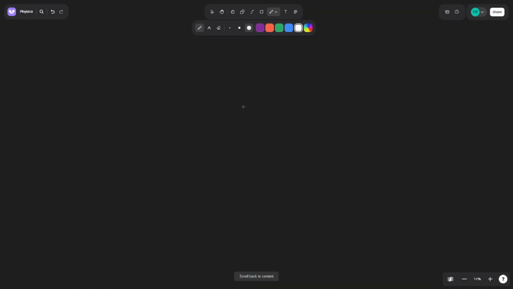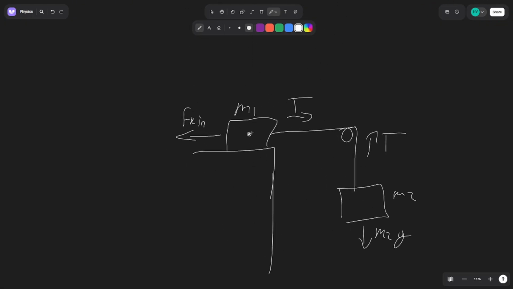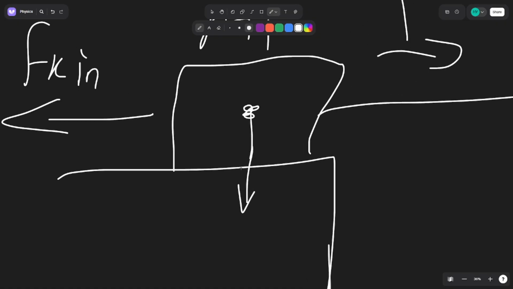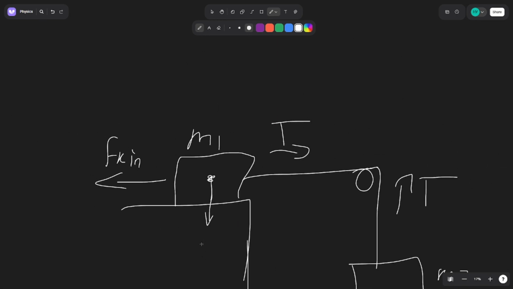And kinetic friction can be calculated as mu kinetic times m1g, because m1 is also under gravity, so it goes downwards too, and pushes the ground under it, and that's why friction works on it.